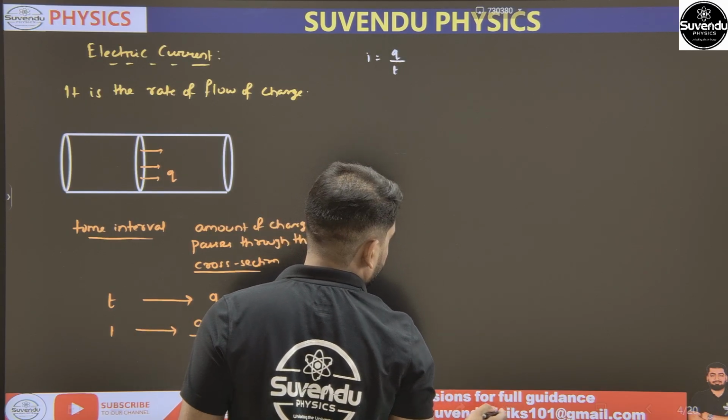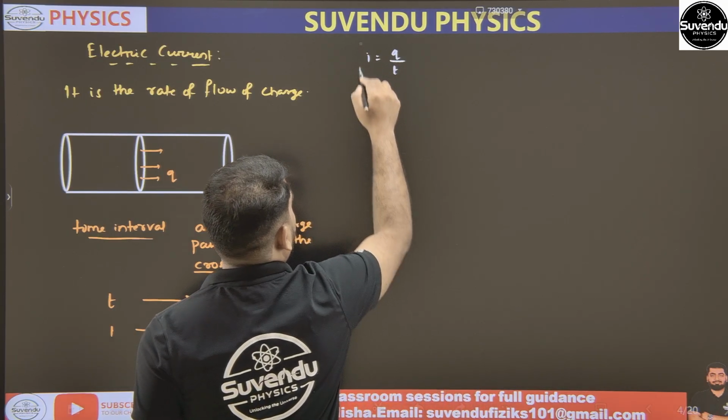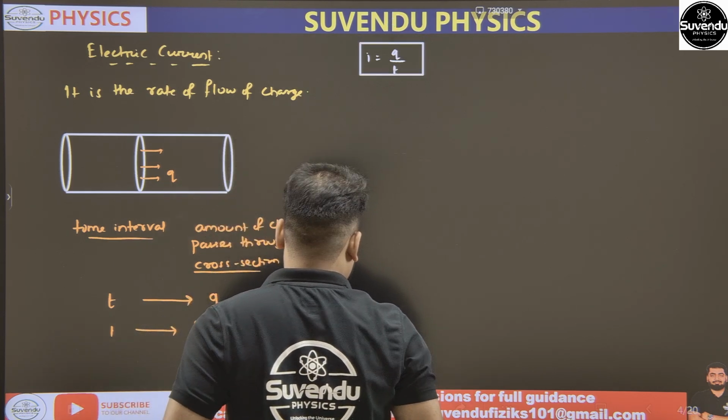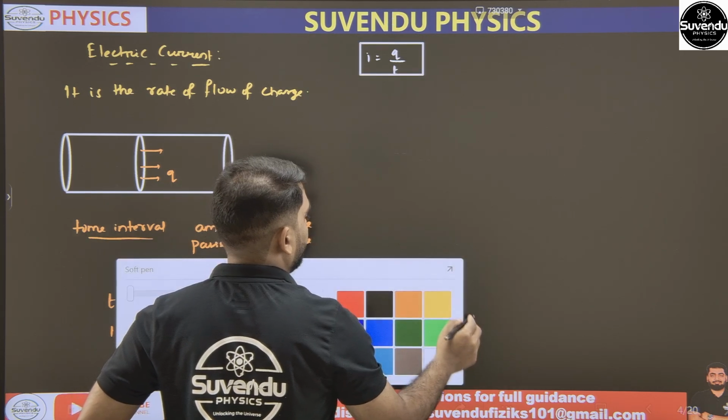So electric current is defined as the amount of charge that passes through any cross section of a conductor in time 1 second.